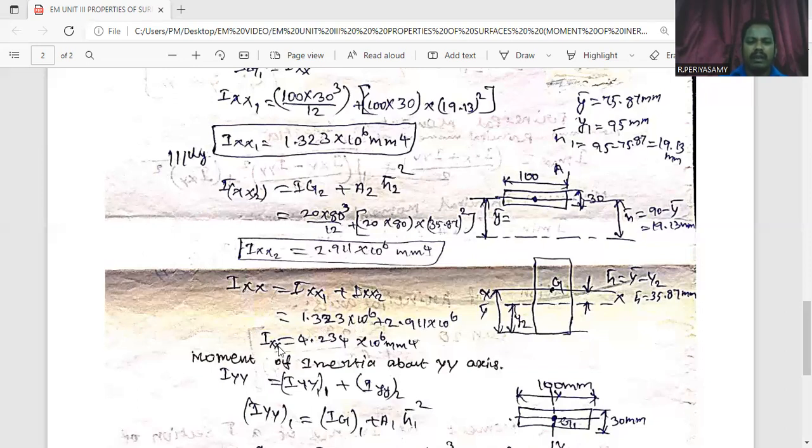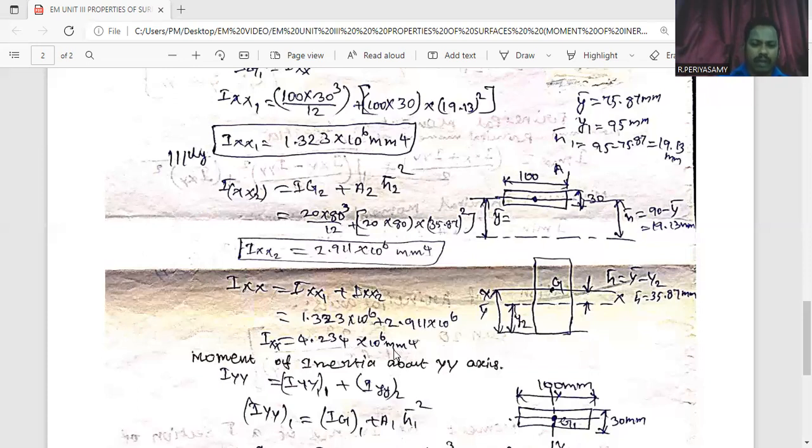So finally, the moment of inertia about the x-axis of the given T section is Ixx equal to 4.234 into 10 to the power 6 mm power 4.